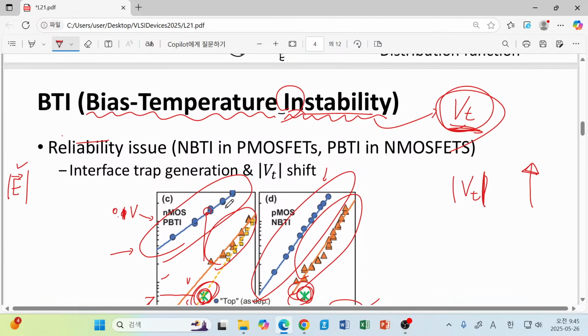I just mentioned a very important keyword called reliability. Reliability means that after a long time of operation is over, your chip must still work as a normal working chip.